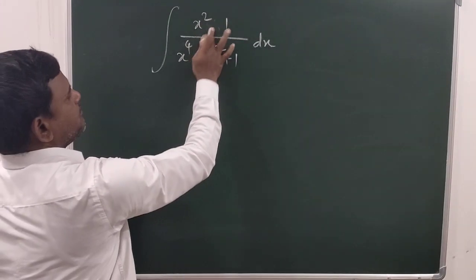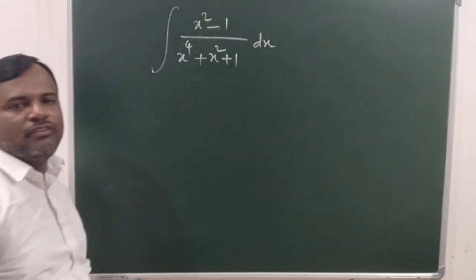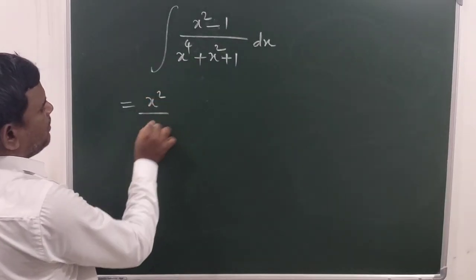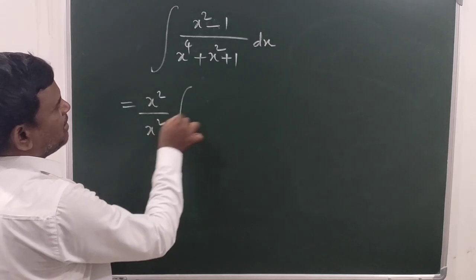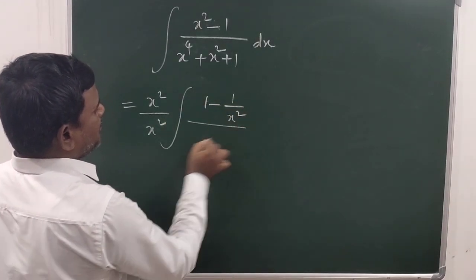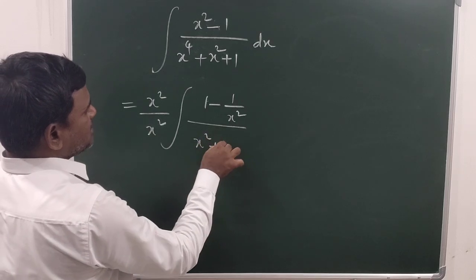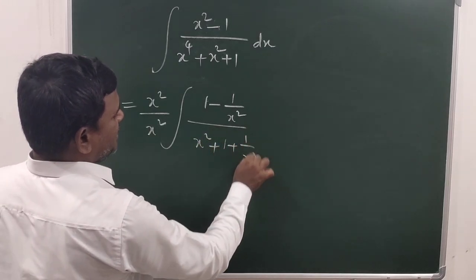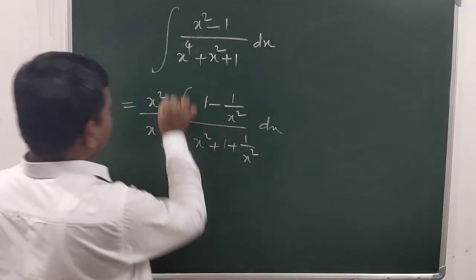So sometimes they may give you minus. In such a case, same procedure. Take x square common from the numerator, and from the denominator also x square common. So here (1 minus 1 by x square) by (x square plus 1 plus 1 by x square) dx.